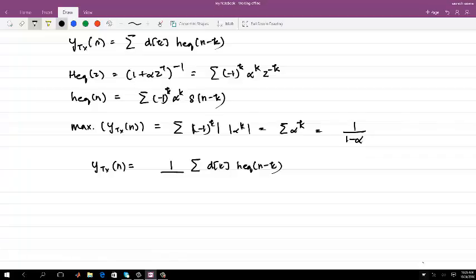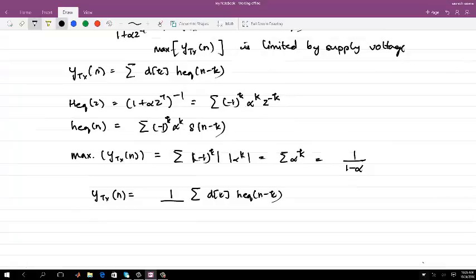Oh, so you see that ytx of n is equal to the convolution of d of k with h equalizer of n minus k, right? And h equalizer of n is equal to minus 1 power k alpha k delta n minus k.